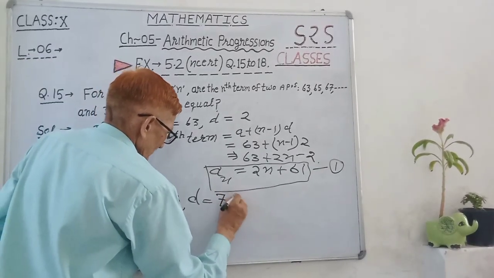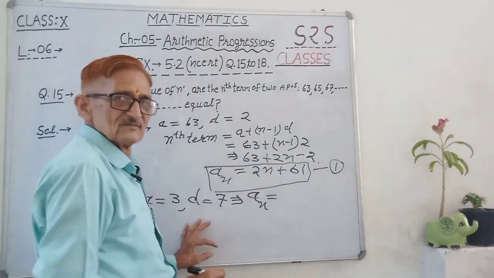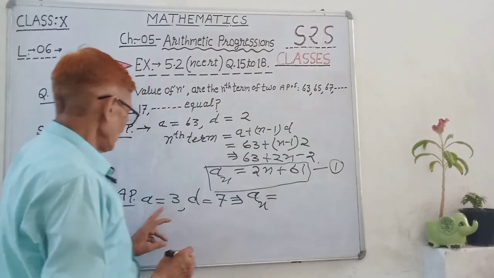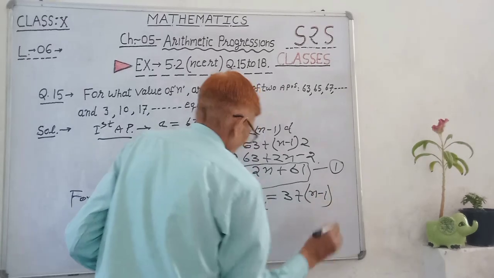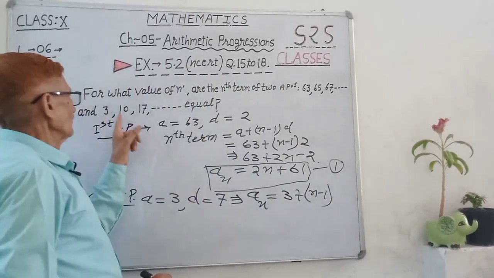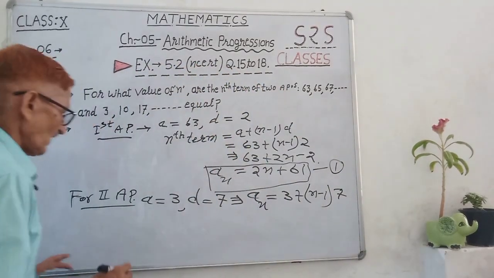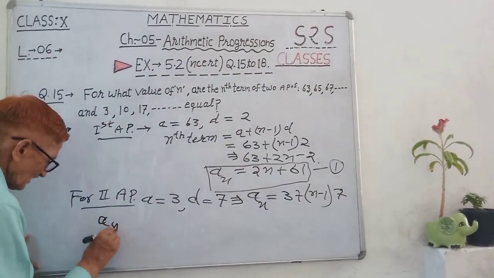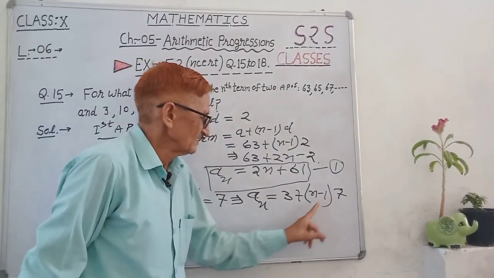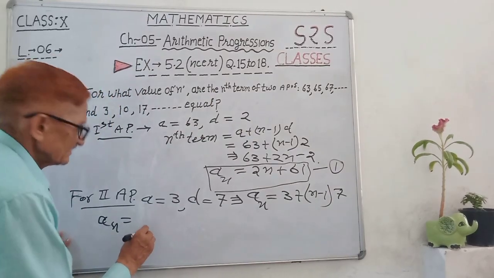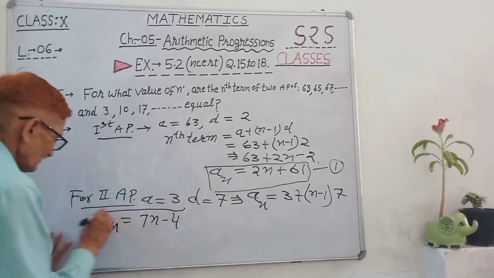Okay, this implies nth term for the second series An equal A plus n minus 1 into D. A is 3 plus n minus 1 into D. D is 7. Okay, into 7. Now simplify. So this An equal 3 minus 7, minus 4, and 7n minus 4. This is the second equation.